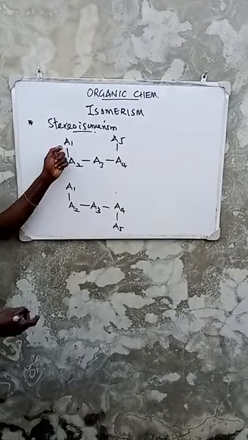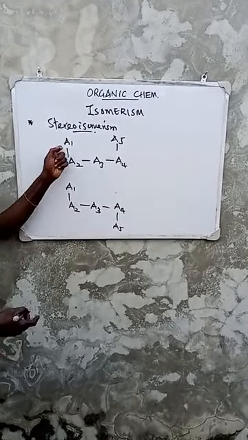However, this one is called 1-bromopropane, while this one is called 2-bromopropane. For now, our attention is not on the names, but rather on the existence of isomerism in them, so that we can readily identify that these are different structures based on the positions of the bromine.